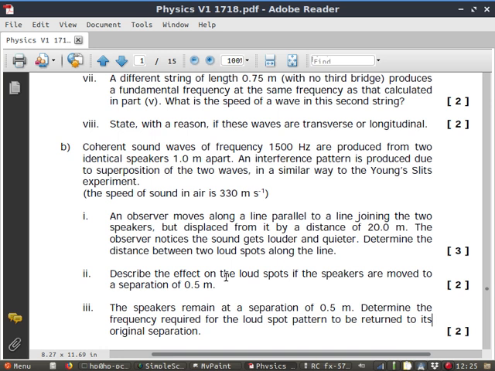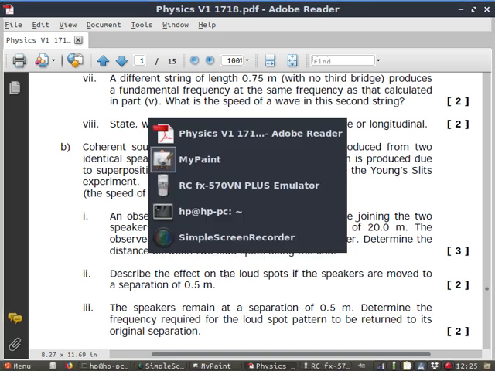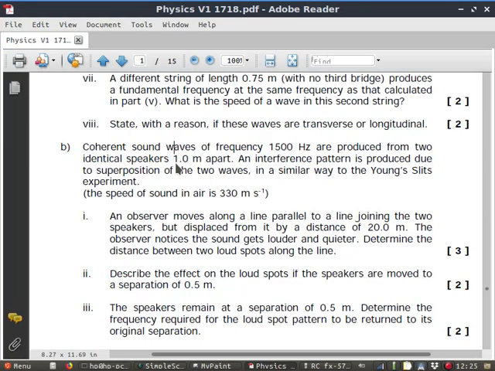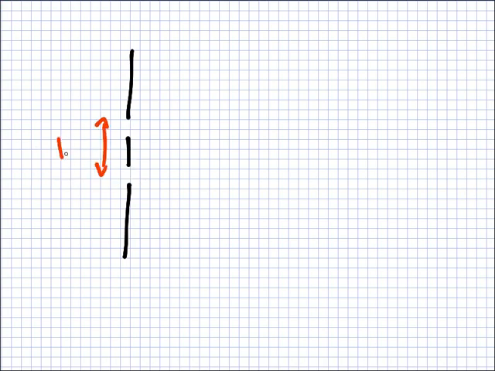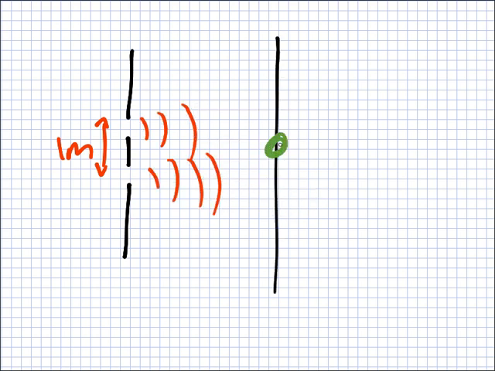Yes, I think I can do this part. Good. It's like a double slit. So you've got these 1 meter, and then they're coming out like this. And here you've got your fringe pattern.